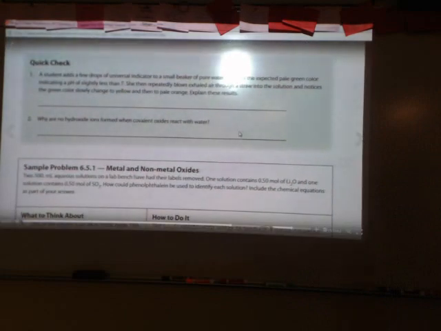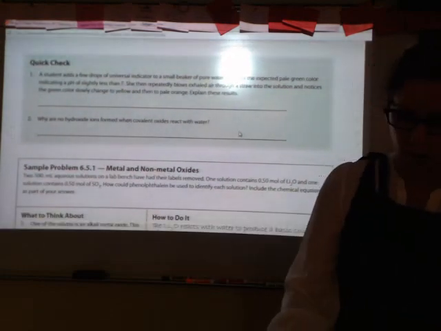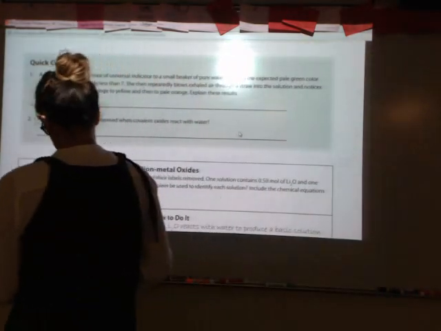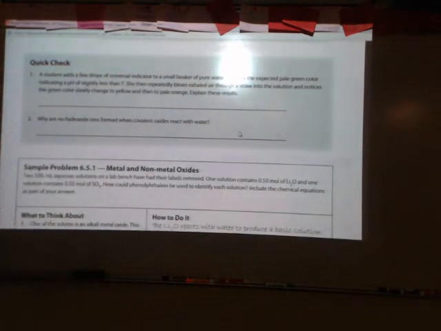It says a student adds a few drops of universal indicator to a small beaker of pure water and sees the expected pale green color indicating a pH of slightly less than 7. She then repeatedly blows exhaled air through a straw into a solution and notices the green color slowly change to yellow and then to pale orange. Explain the results.